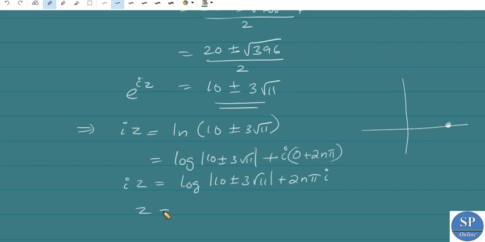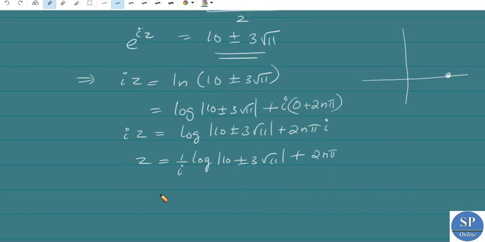So z is nothing but, dividing throughout by i, we get 1 by i into log of 10 plus or minus 3 root 11 plus 2n pi. 2n pi into i divided by i is 2n pi.